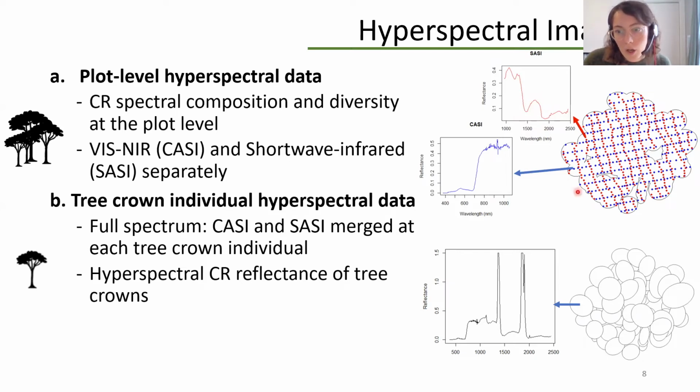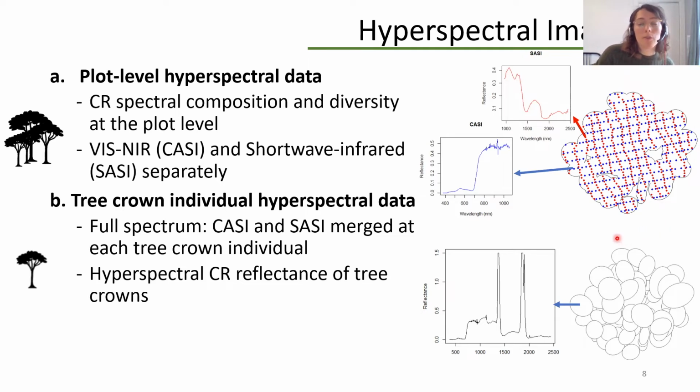Each of these blue points is from the CASI sensor and has the reflectances like this here, and each of the red points has the reflectances like this here. And since you see they do not co-align, we cannot fuse them directly together. And this is the data set that Anna used for her research.